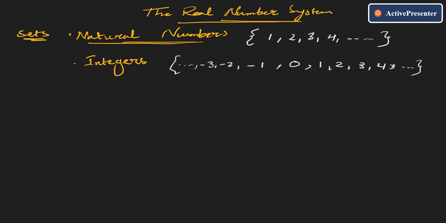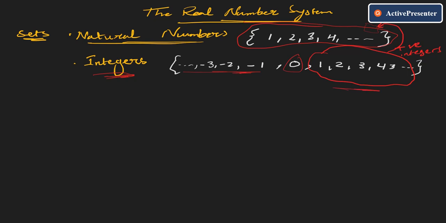If you focus with me, you can say that the positive integers are the natural numbers. Okay? So the integers are composed of negative integers, 0, and natural numbers.